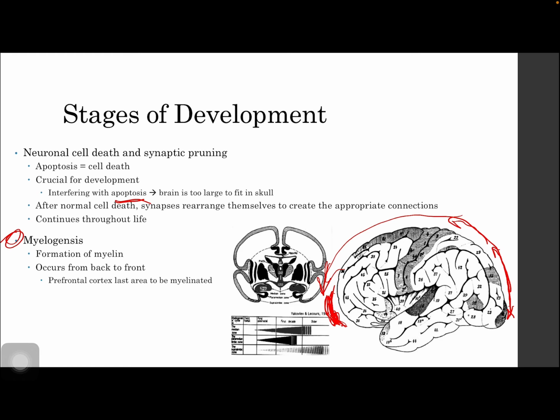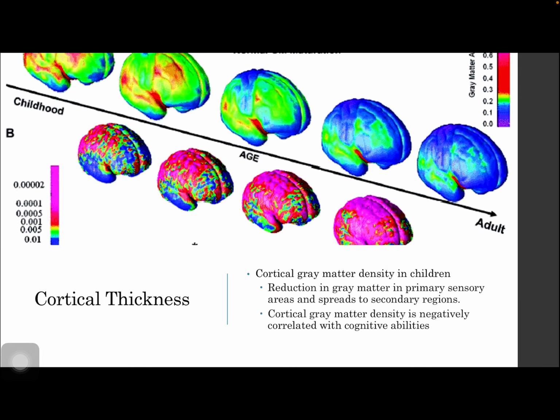And like I was saying, it's really important that this pruning process occurs, because we know that there are associations between gray and white matter, and how much of that matter you have, and your cognitive abilities are associated with this.